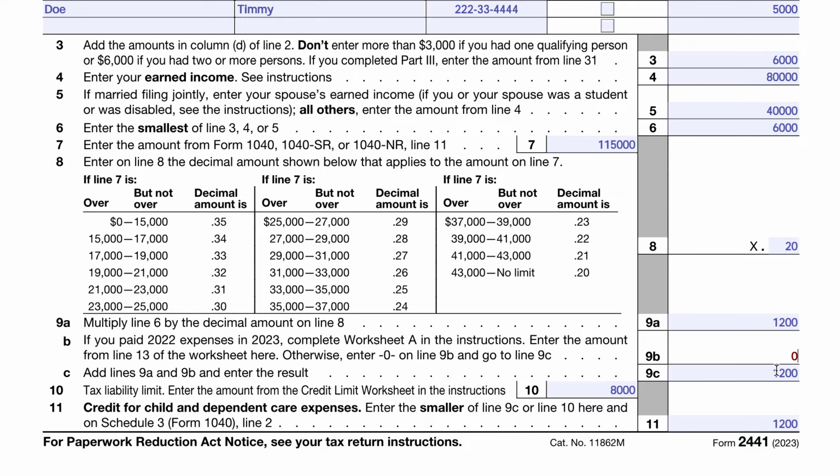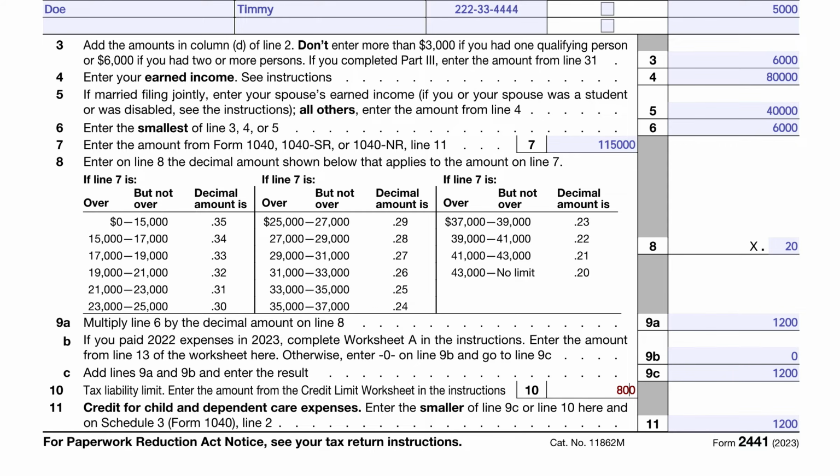The tax liability limit is the total amount of income tax liability. There's another credit limit worksheet in the form instructions, and once you work through that, it allows you to determine whether or not you are allowed to claim the entire credit. This is a non-refundable tax credit.